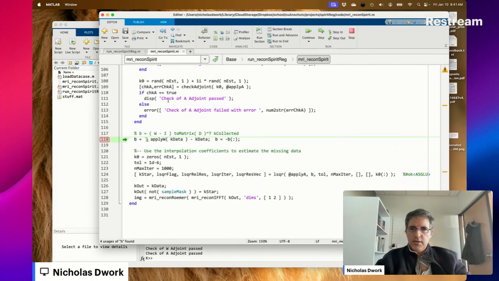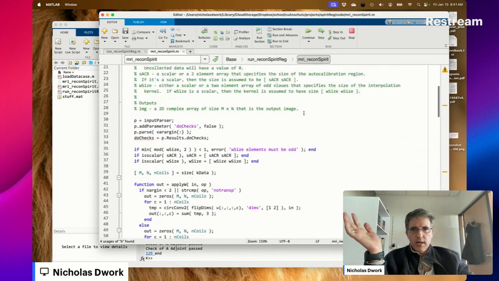The checks of the adjoints passed. When we were setting B, there's got, okay.